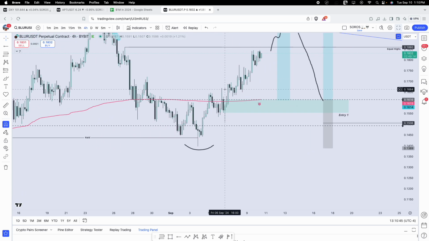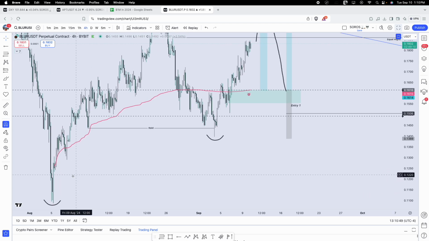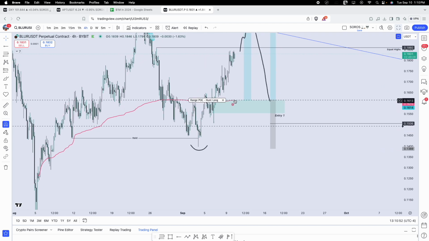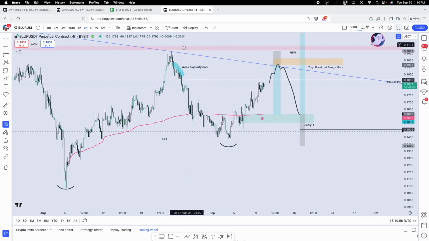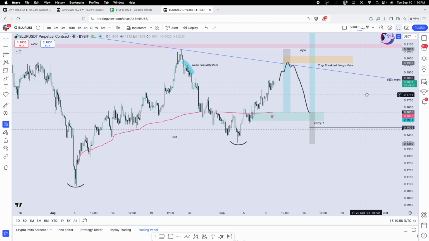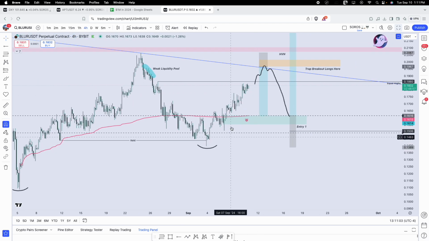And the idea would be, if you zoom out here and apply an anchored VWAP from the low, this is fair value. So within the dealing range, from the dealing range low to high to the current price action over here, anytime it retraces back into VWAP, if it is bullish, this is the area.